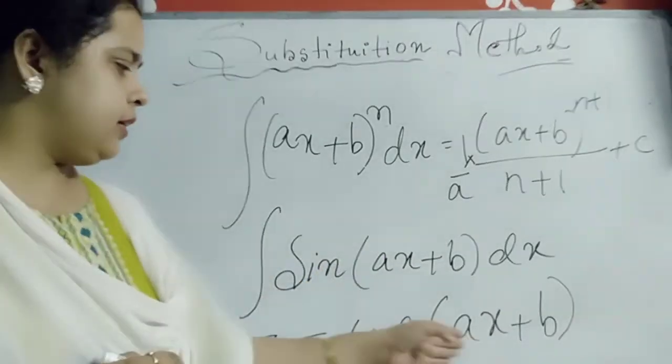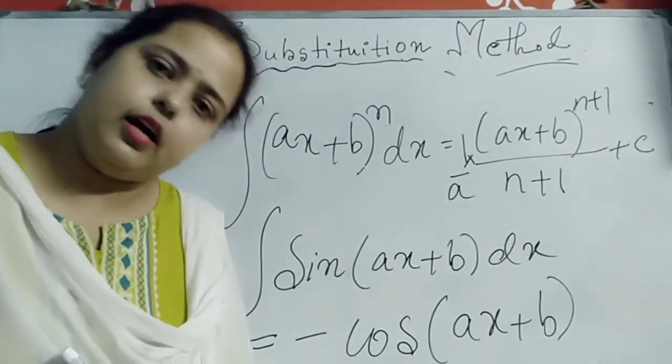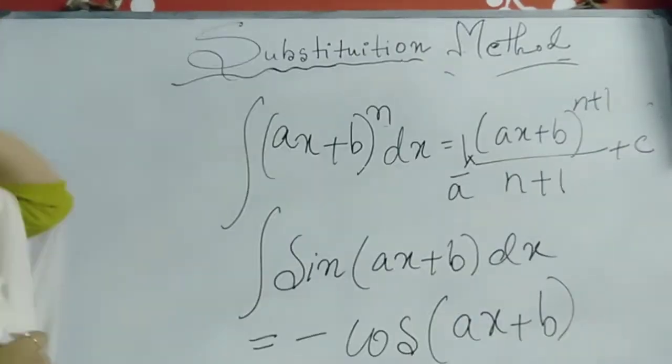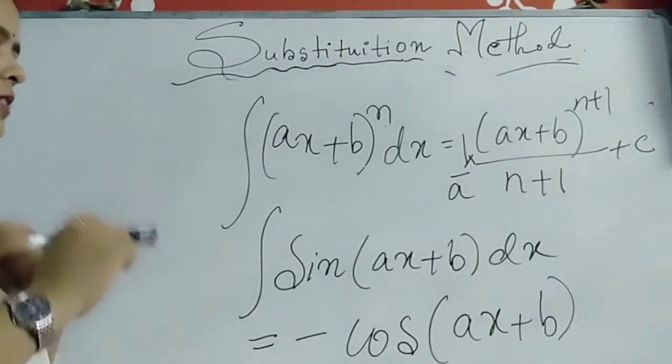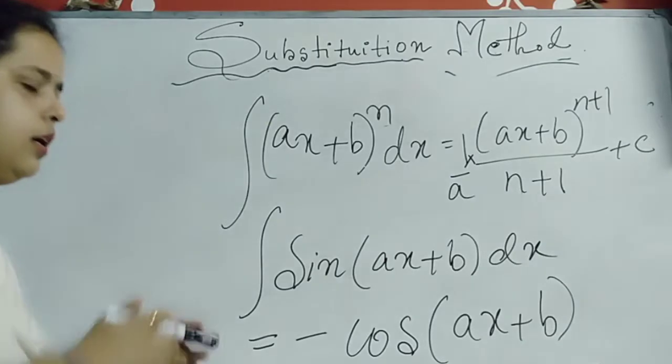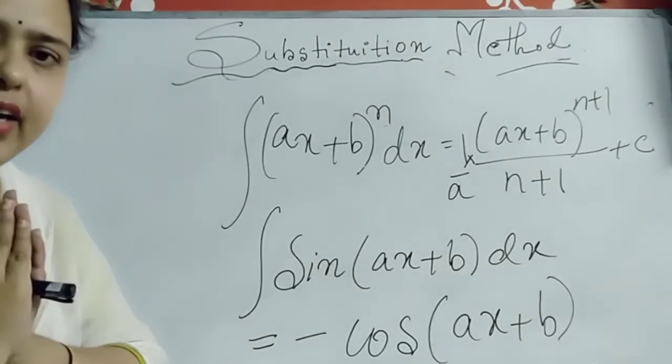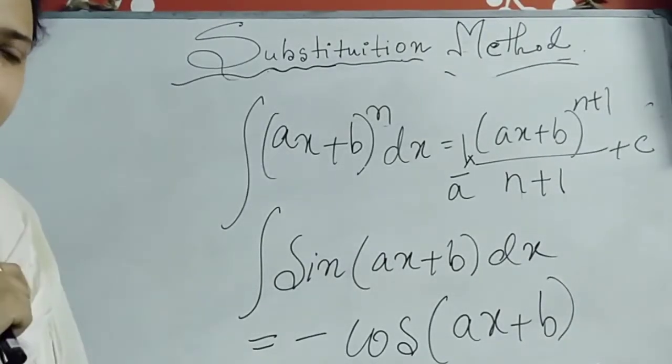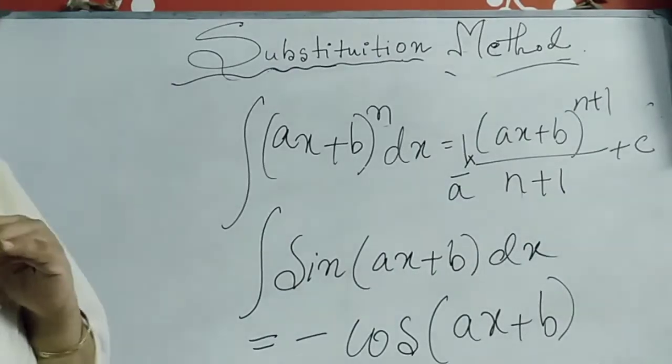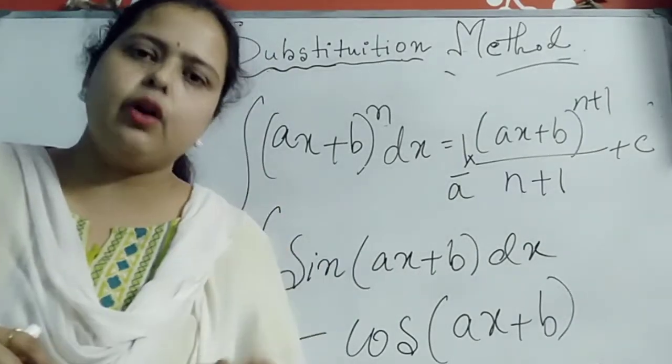So let it be cos of ax plus b. Understood? Now in the denominator, please remember, I am giving you a direct way. Like in the previous derivative also, you learned about the chain rule, but later on how did you do it?